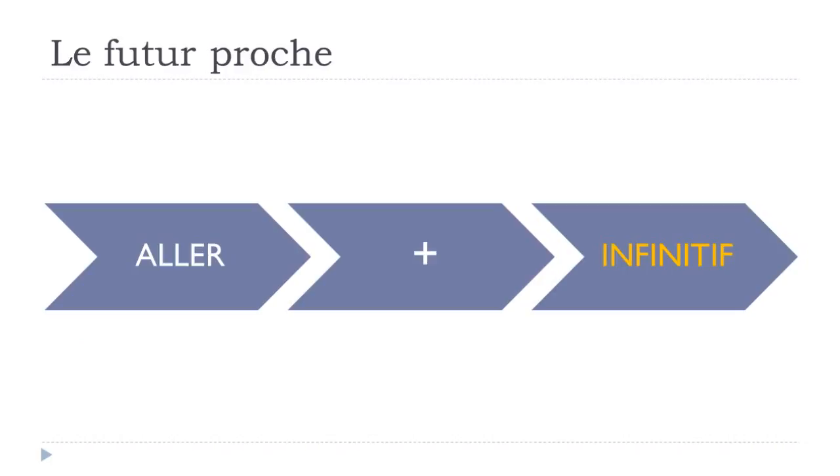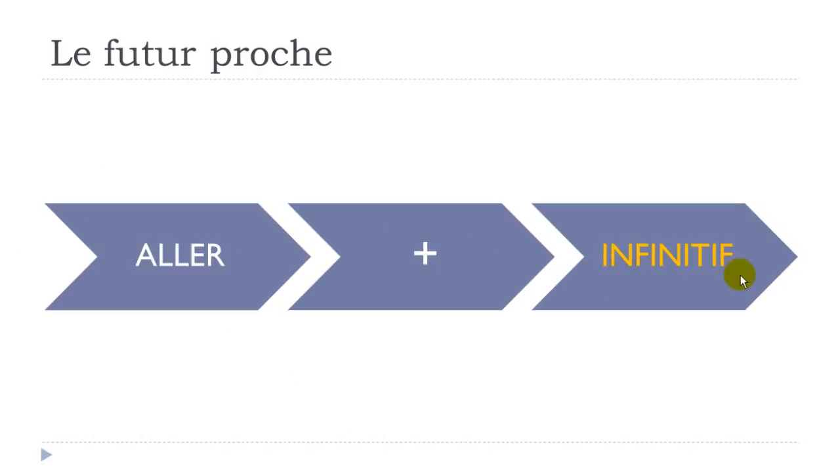Okay, so like in English you would say I am going to travel, for instance. In French we would say je vais voyager. Okay, so remember, first aller that you conjugate at the present form, and then you will put your verb at the infinitive form.